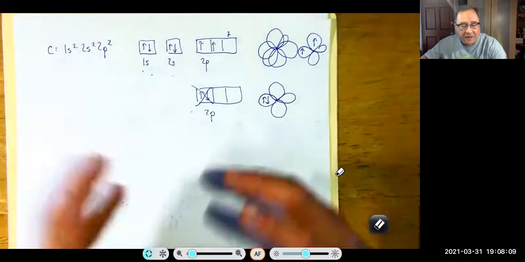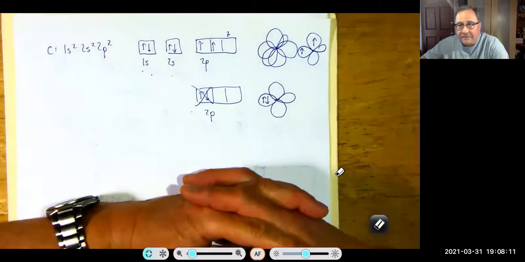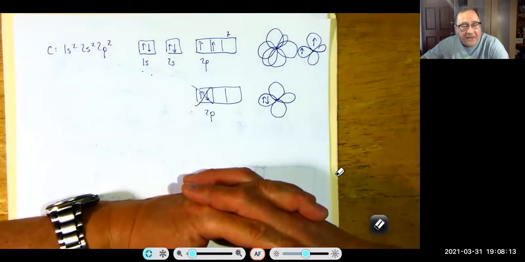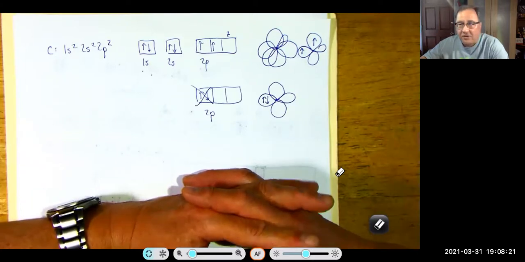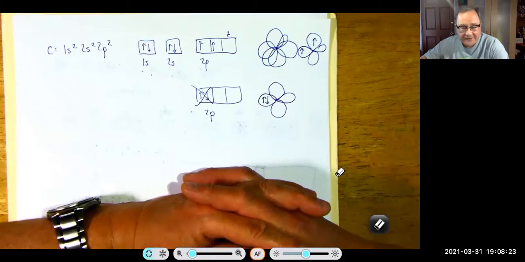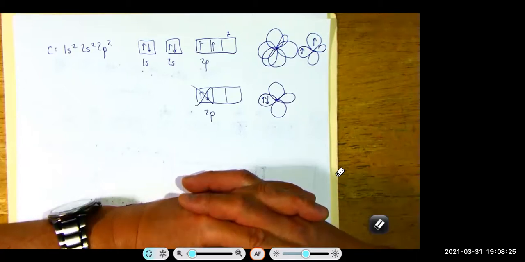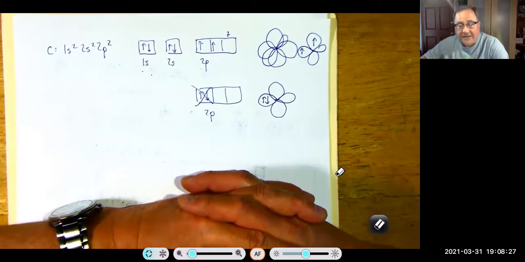Diamagnetic means repelled by a magnet. Paramagnetic means attracted to a magnet. So most elements are attracted to a magnet. And that's not the way we usually think of elements, that everything's attracted to magnets. I would think iron. Iron is attracted to magnets, yes.